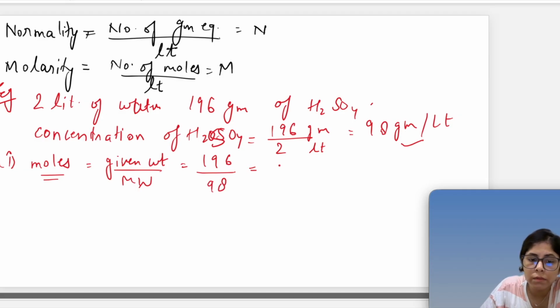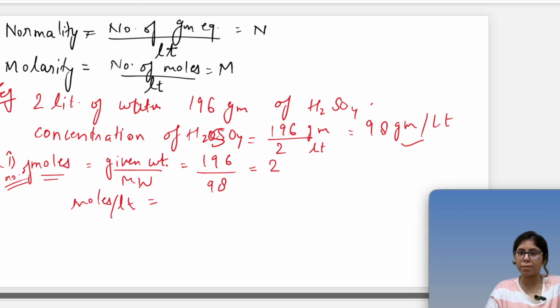So the number of moles is 196 upon 98, which comes to 2.